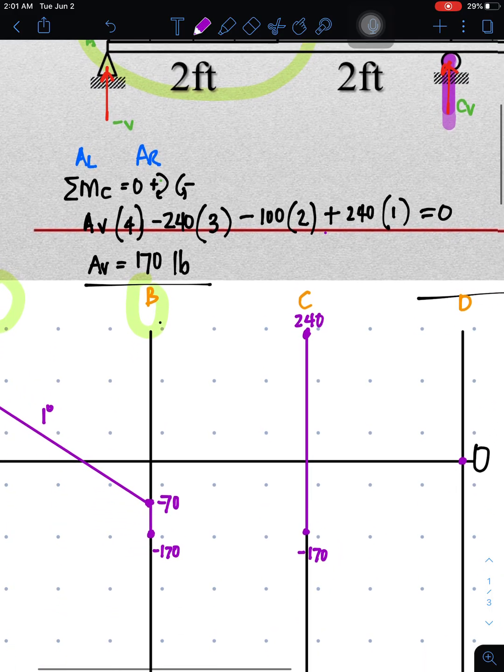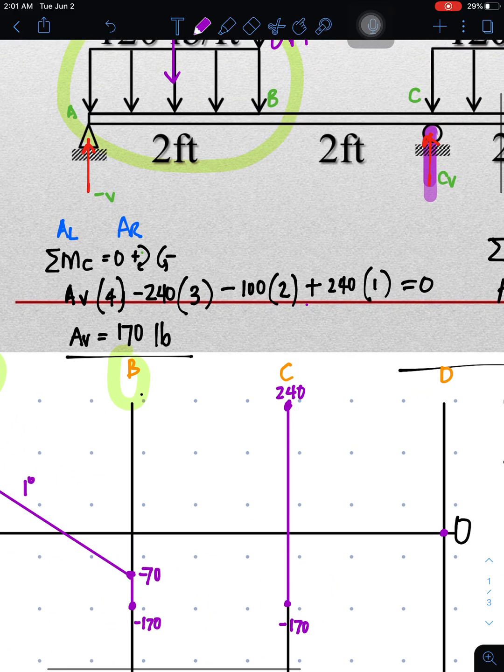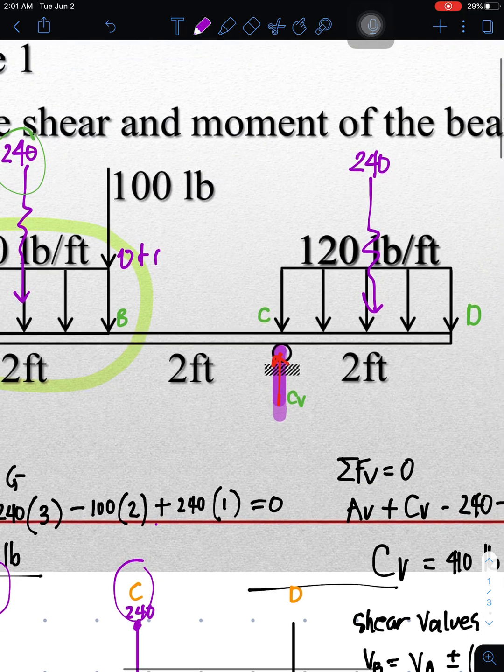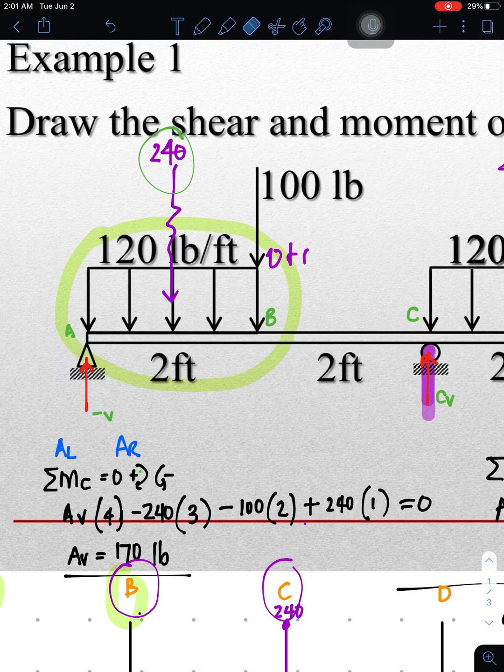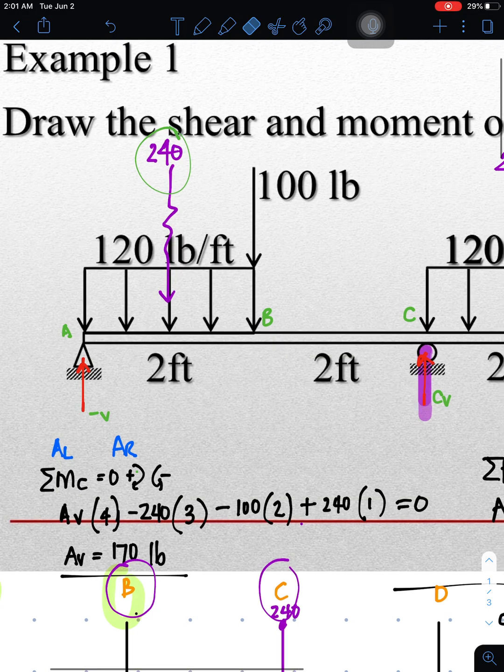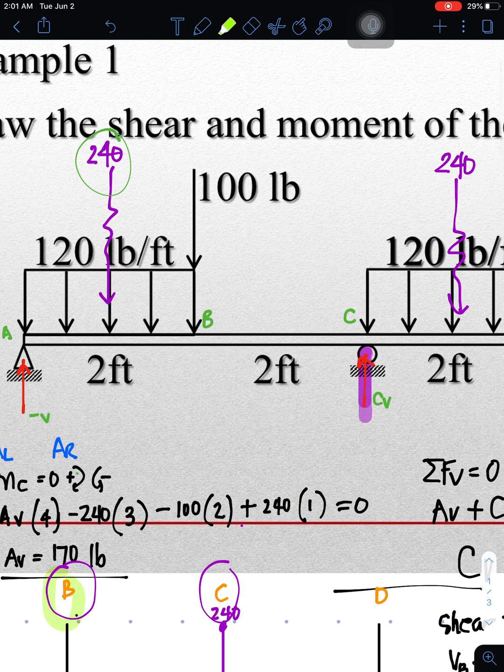Next, between B to C. We connect between B to C, so we look at the load between B to C. There is no load, meaning no degree of curve.